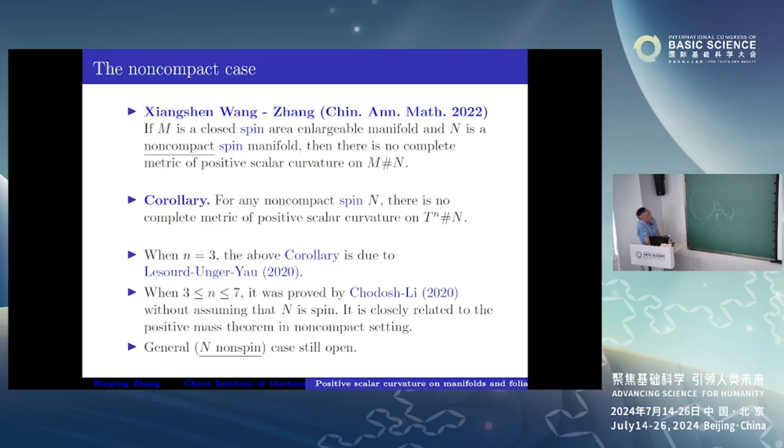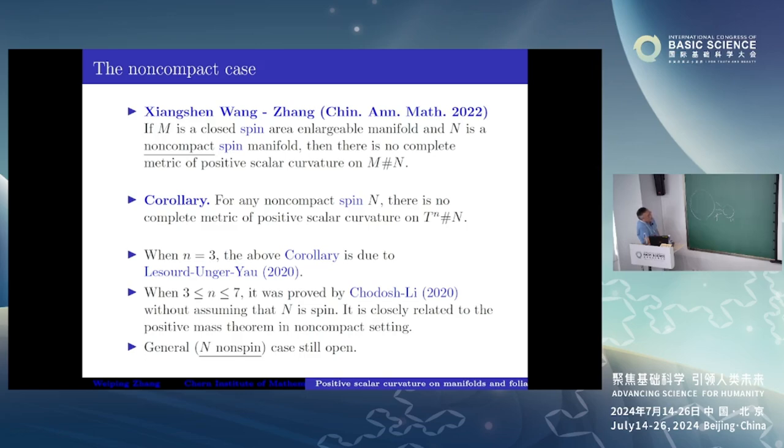As a corollary, if you take M to be a torus, then the torus connected sum with any non-compact spin manifold cannot carry a metric of positive scalar curvature. It is easy to show that such a manifold does not carry a metric of uniformly positive scalar curvature, but here we replace that by positive scalar curvature of a complete metric.